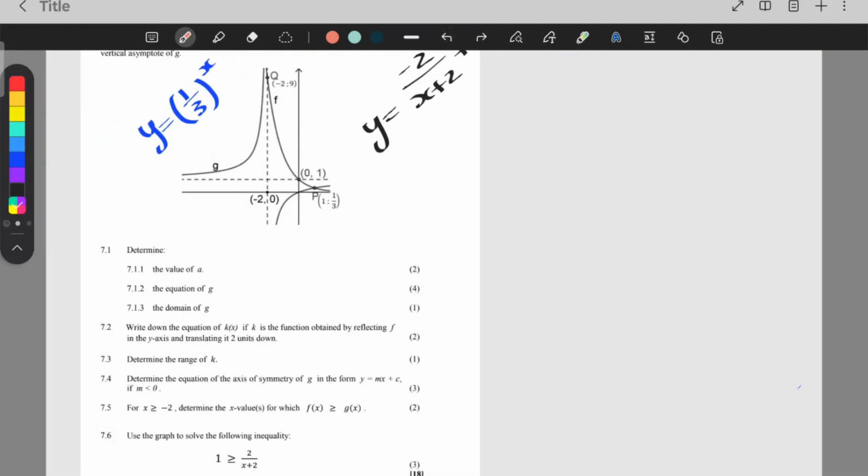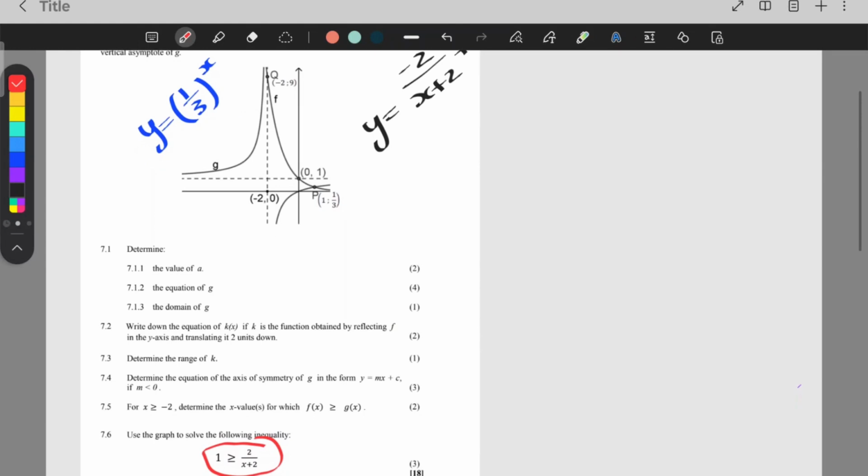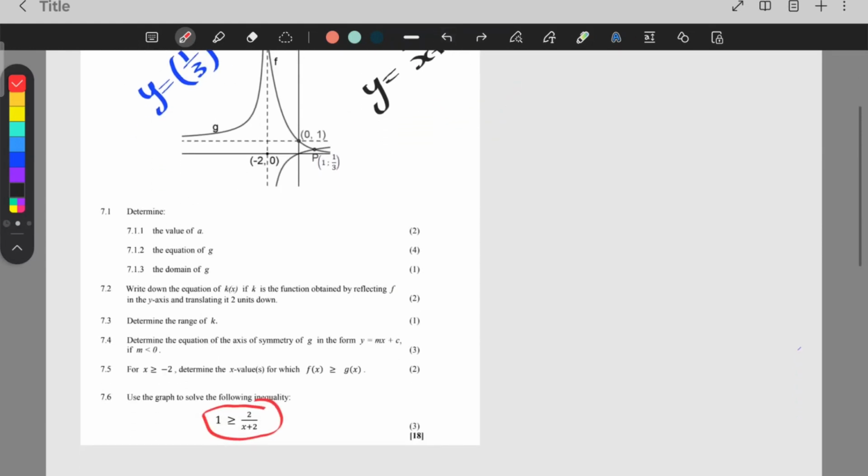So for 7.6, it says, use the graph to solve the following inequality. So we have to solve that. Now, when you look at that, that question almost looks like our function. Do you see the hyperbola? They look similar. So I'm going to rewrite this so it looks like our hyperbola, so I can use the graph. I'm going to bring this to the left-hand side.